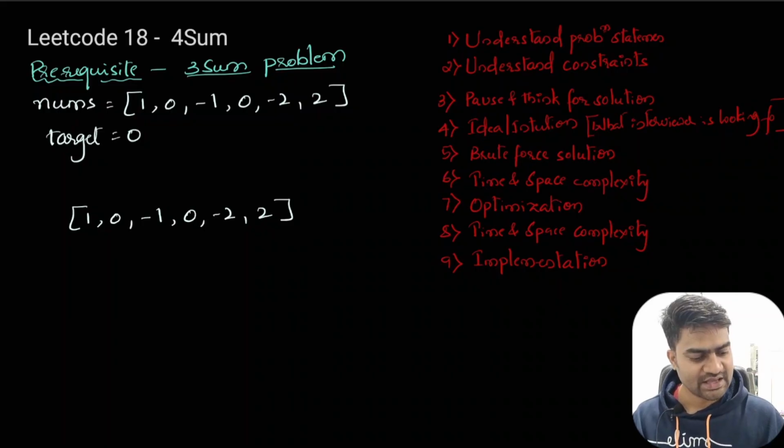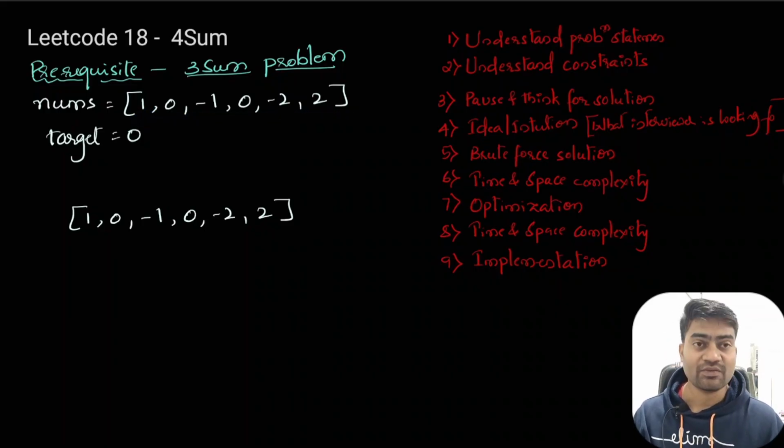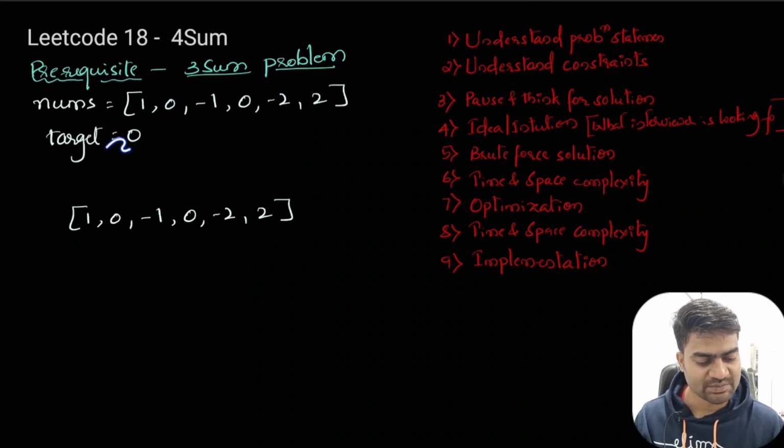So basically, they have given this particular nums array. Then what we need to do is find quadruplets. It means a combination of four numbers which sums up to give our target. So in this one, they will give the target, and we will have to find all the quadruplets. Basically here, the target is 0.